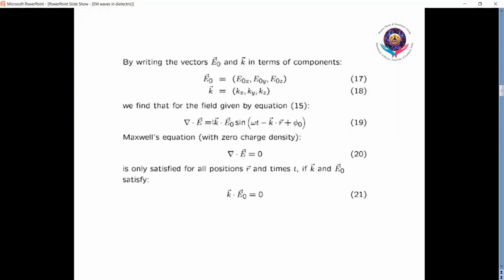This is positive, and the k comes from the differentiation of this term with respect to r. This is the k. And from another Maxwell's equation, this should be 0. And this can happen only when, from equation 19, this term k dot E0 is 0.